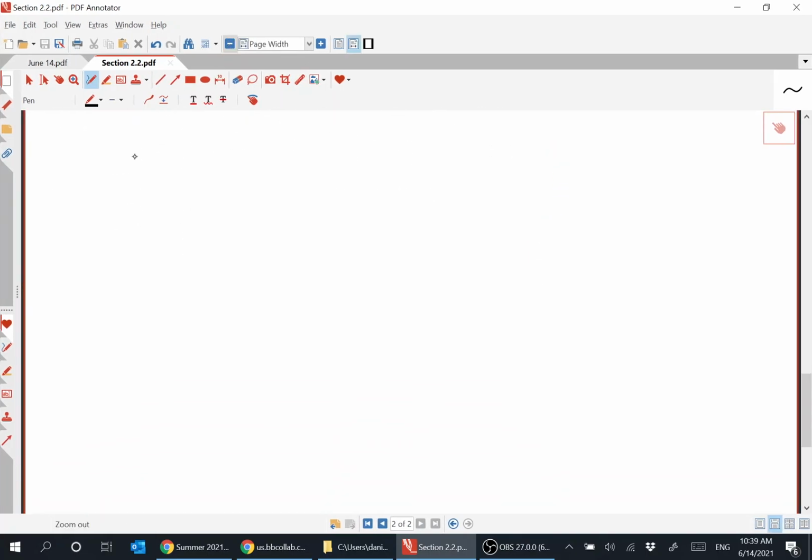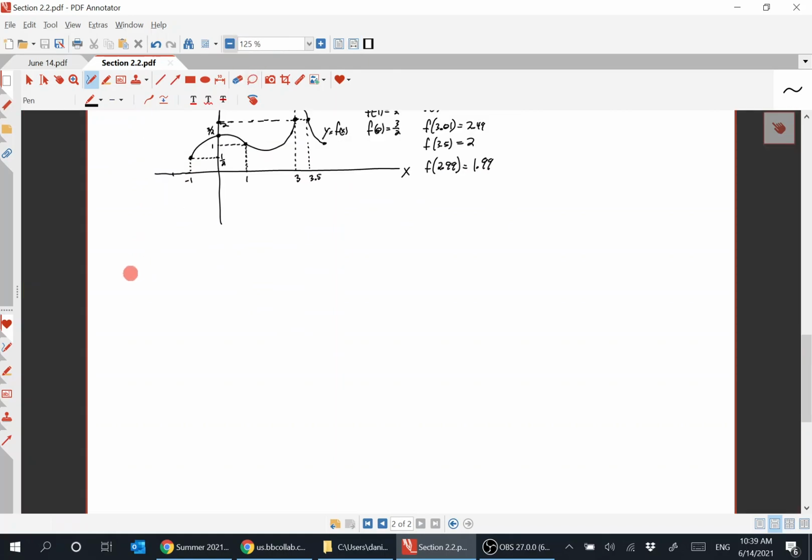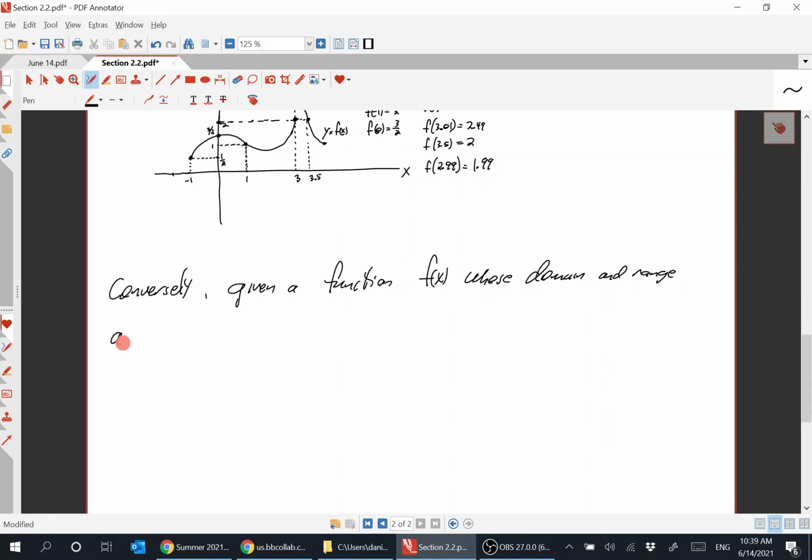So conversely, a function f of x, whose domain and range are real numbers, okay, the function defines a graph.